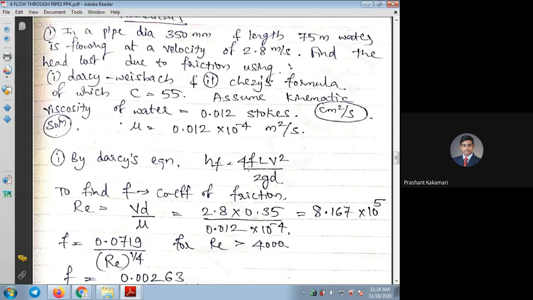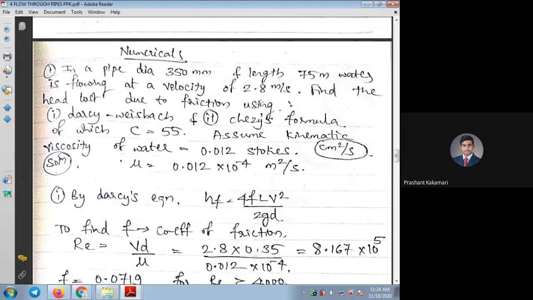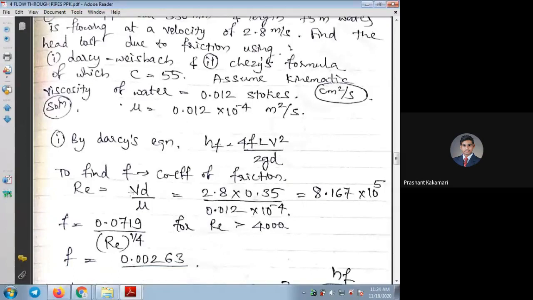So to find this f, we have to go by other standard relations. That f for turbulent flow, because we need to find out whether it is turbulent or laminar. For that, we have to find out the Reynolds number. By Reynolds number, you can find out rho Vd by mu, or you can go by the other formula by kinematic viscosity.